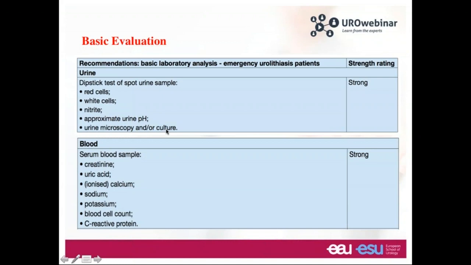Culture is if there is a possibility to intervene, to operate on the patient. Blood samples also for creatinine, uric acid, ionized calcium, sodium, potassium, blood cell count, and C-reactive protein, if an infection is there, or if you think that you have to operate on the patient.